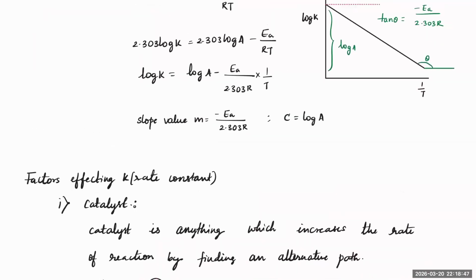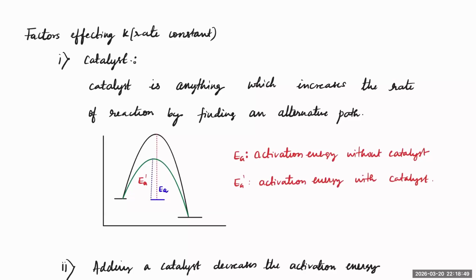What are the factors that affect the rate of the reaction, that is, the rate constant of the reaction? The first factor is the catalyst. A catalyst is anything which will increase the rate of the reaction by finding an alternative path. So if there is an alternative path, that is where the catalyst will be used. The catalyst identifies the path which has lower activation energy and goes through it.